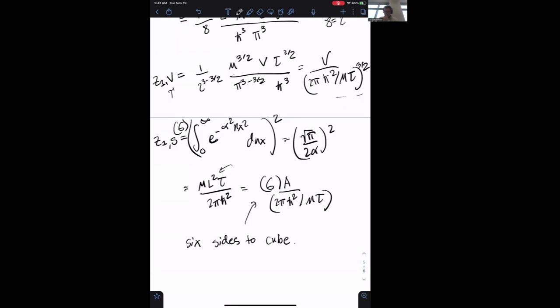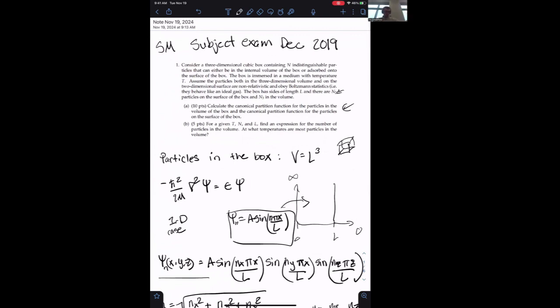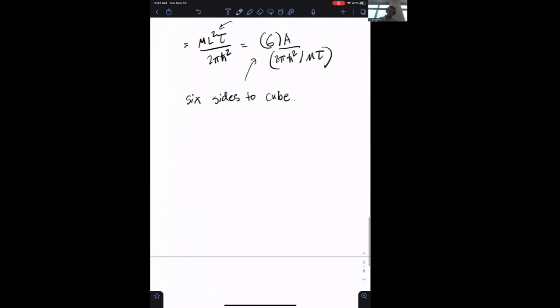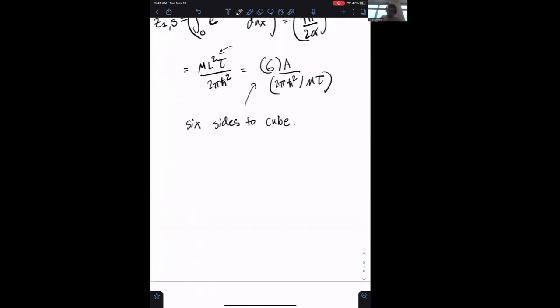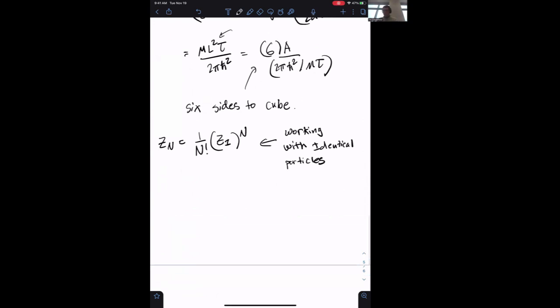Okay, so we have the single particle partition functions, and like I said earlier, we're dealing with indistinguishable particles, and so just a simple formula converts the partition function of a single particle to the partition function of all the particles when working with identical particles like we are.